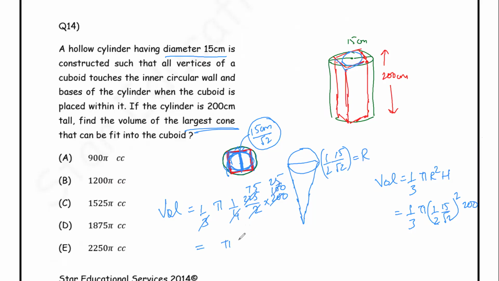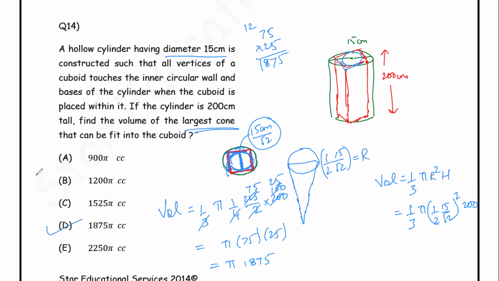Therefore my volume is pi into 75 into 25. So 75 into 25: 25 5s are 125, 25 7s are 175, 185, 187, 1875. B is the answer.